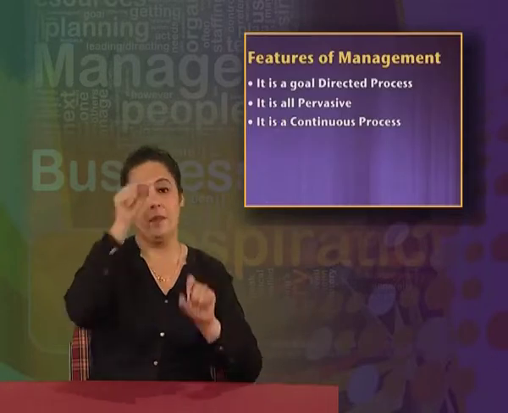We have to employ the competent people by going for recruitment, selection, training, and then remuneration. We have to direct them. We have to supervise them. We have to provide them able leadership. We have to communicate each and everything to them, and only then will we be able to achieve our organizational objectives.